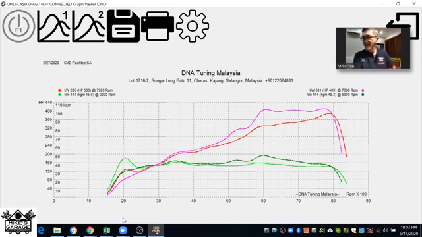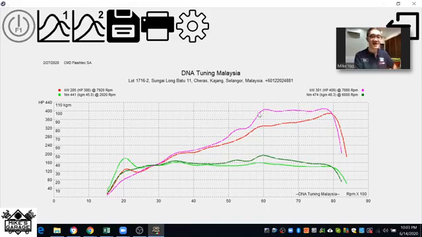But if you look at the top end, definitely there is a lot of gain in horsepower. At 6,000 RPM the stock car is at maybe 330 horsepower, but with the tune file we are already kicking out 400 horsepower.